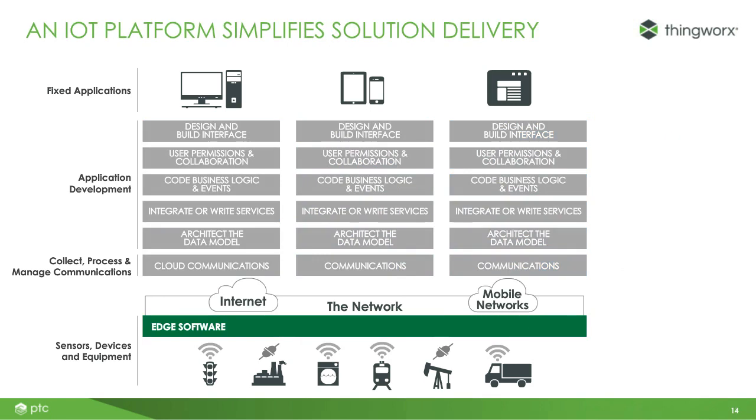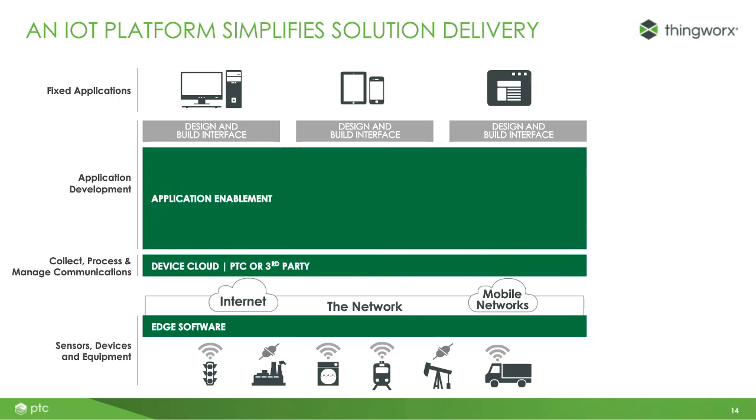But when you start looking at it from a platform standpoint, you can really get to a more tightly integrated and fit-together technology stack, where you have edge software that can connect out and provide a way to access the sensors, devices, different pieces of equipment on the shop floor, things within your shipping fleet, all these different types of data streams, if you will, that need to be integrated back to a device cloud.